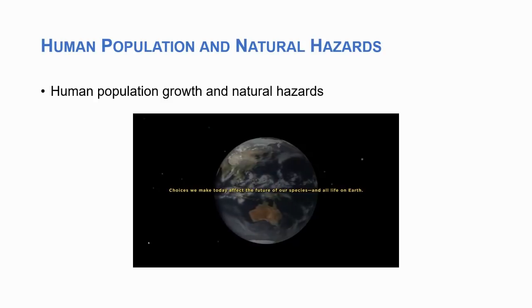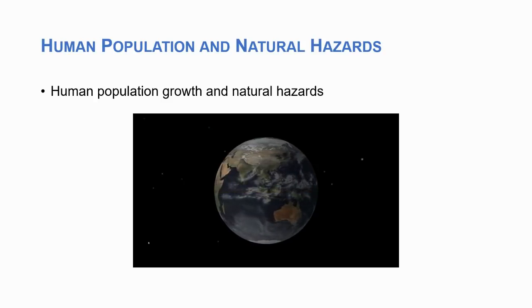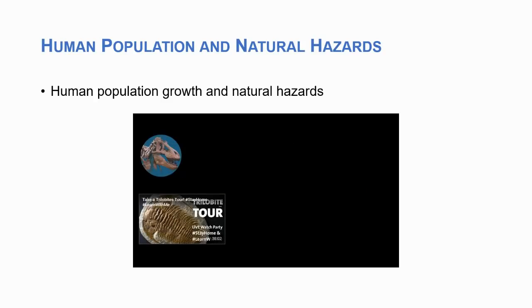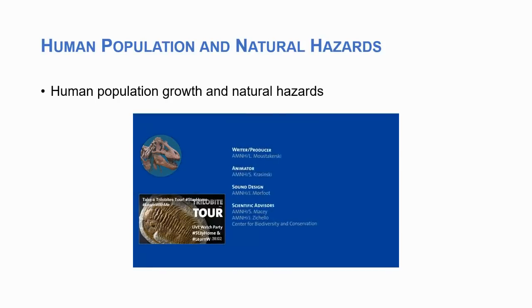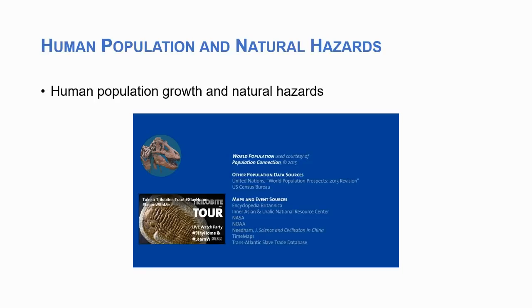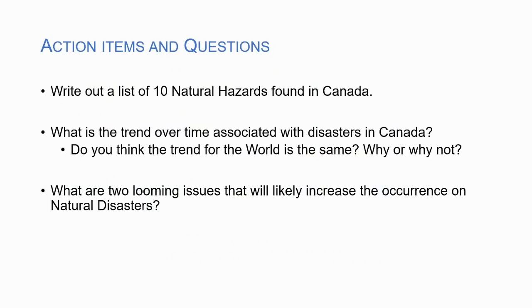And there's also that exponential increase in the population because we have more people that can be affected, more people moving into marginal lands, perhaps. And so we have more people in harm's way, and so we end up with more people being affected, and that means natural disasters.